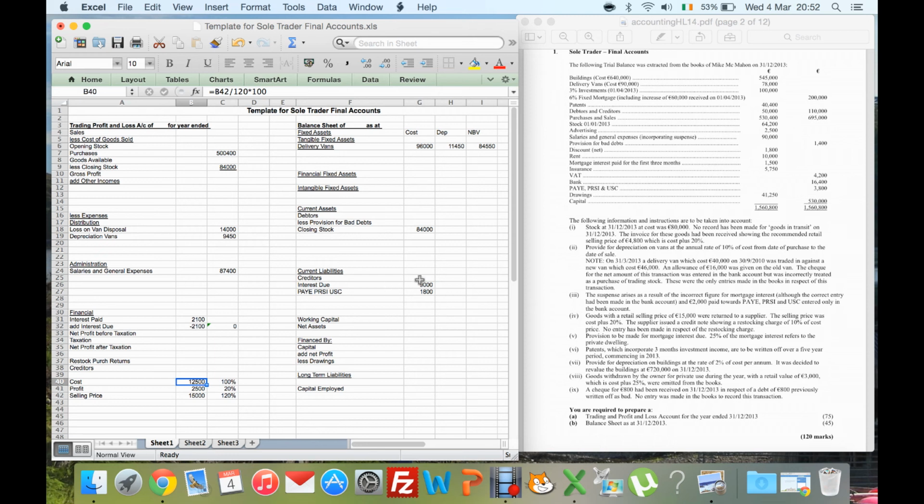No, 110. Now we need to add on to that 12.5 grand times the restocking charge of 10%. So that's what our creditors are, and now we have to add on the same figure, which is 1,250, to our purchases. So I'll just add this in here.